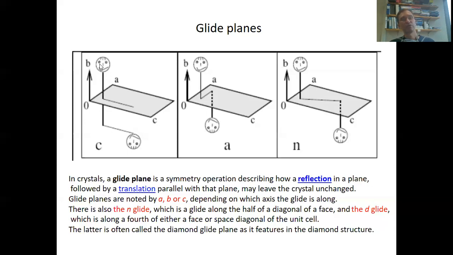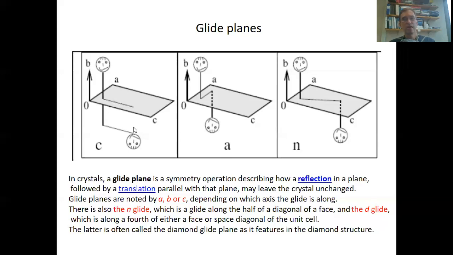So the final position of the atom would be this position. There, of course, it would have to superimpose an atom which was previously at this position, and the atom which was originally in this position would have been moved by the glide plane into a new position as well.